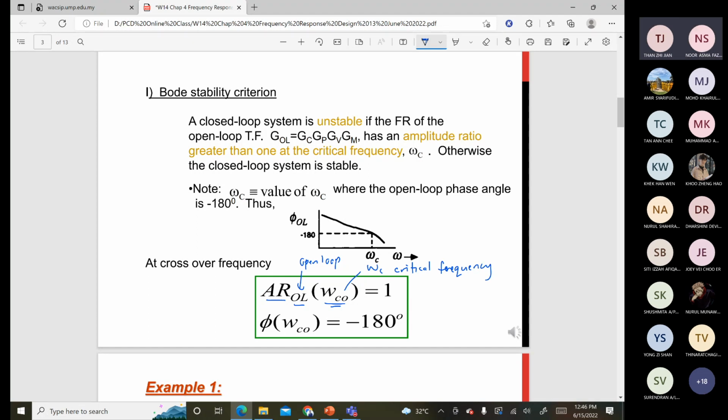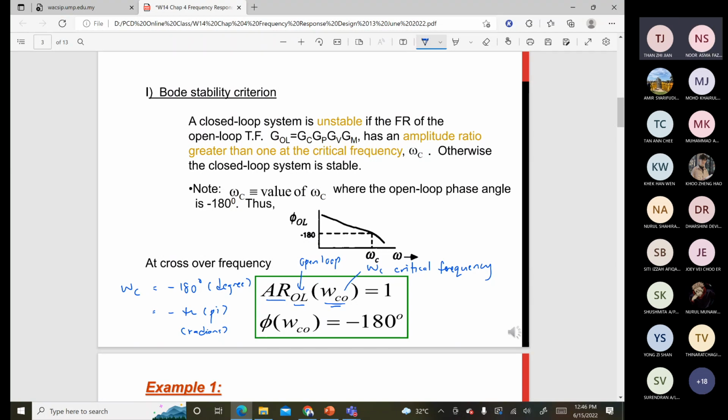And then here the AR at ωC occurs at negative 180 degrees, or negative pi. So the pi here is the value in radian, 180 in degree.